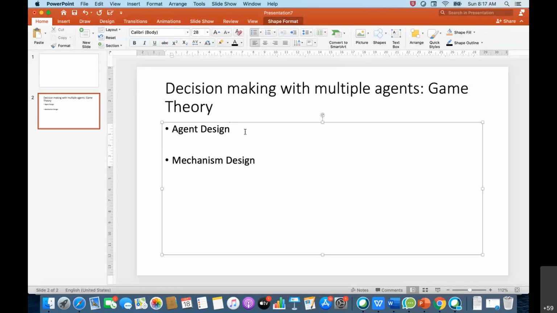In case of agent design, let's give an example of a very simple game. The name of this game is Two Fingered Mora. Let's say it is a two-player game. The agents, say, are named O and E. These are the two players.